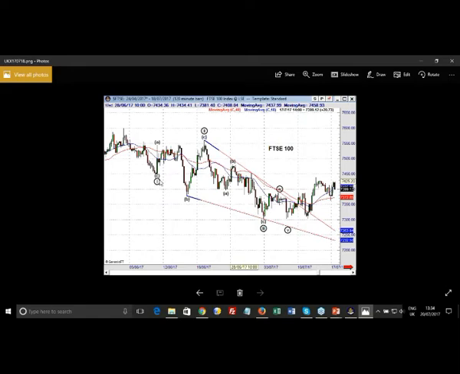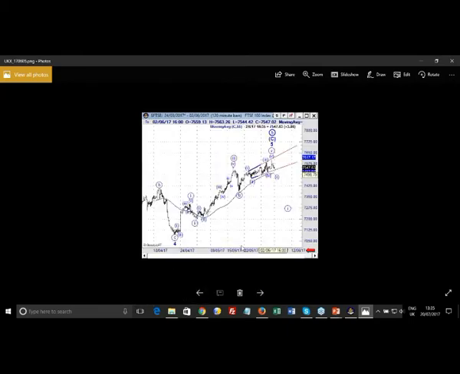That pullback in June is not a correction that will lead to new highs, because I assume that now we are in a bear market. If I go back to the previous chart, you can see that wave 5 and that wave 4 mean that the market has been moving up for a long time and has reached a final wave, which is a wave 5.